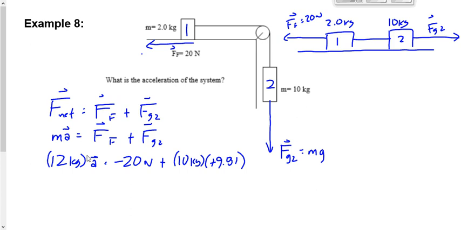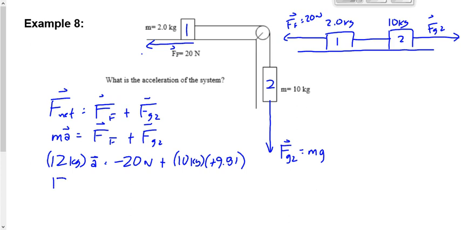My masses are all good there. It is 12 kilograms times the acceleration equals negative 20 plus 10 kilograms times 9.81, but we're going to make that force of gravity positive because it's, in my new diagram, acting to the right. Does that make sense? So let's figure this out now.